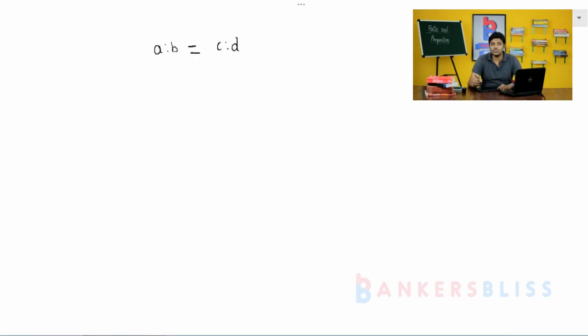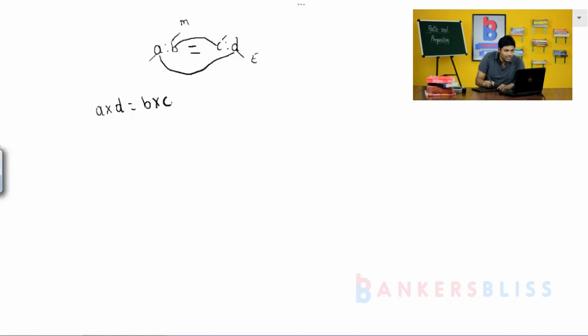Here A and D are called extremes, B and C are called means. The product of the two extremes is equal to the product of the two means. Therefore A into D is equal to B into C.